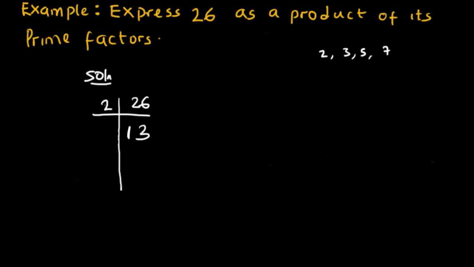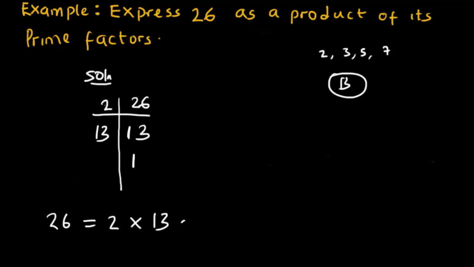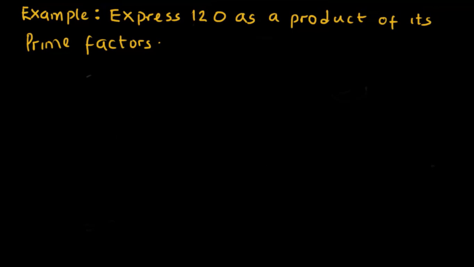Remember, 13 is a prime number, so nothing can go in 13 except 13 and 1. So we put 13. 13 in 13 is 1. So it means 26 equals 2 times 13. Do you understand? Because we don't have any number repeating itself, this would be our answer. Does this make sense?